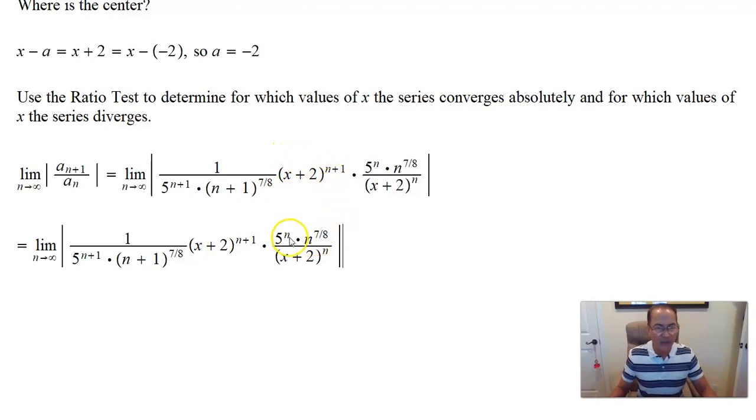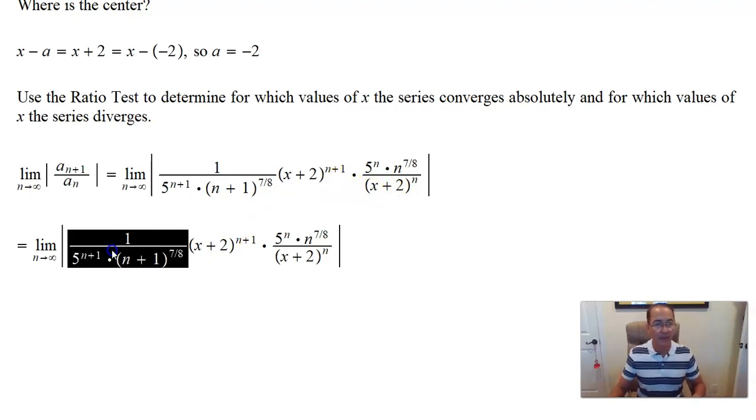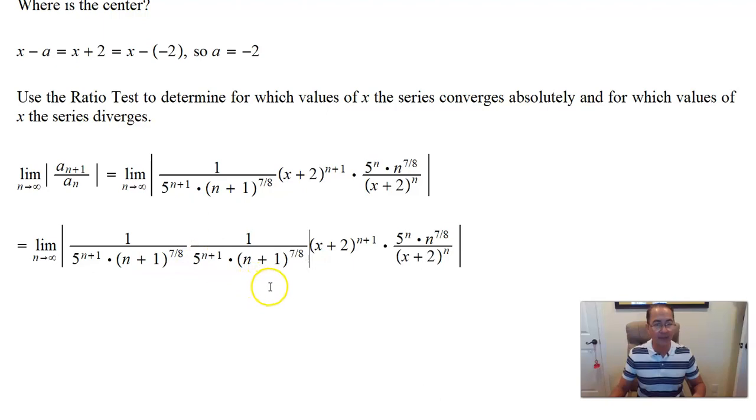There are 3 kinds of factors: there's a power of 5 right there, there's something to the 7/8 right there, and there's the x part, which comes with an n or an n plus 1. So there will be 3 kinds of factors, and we're going to separate them.